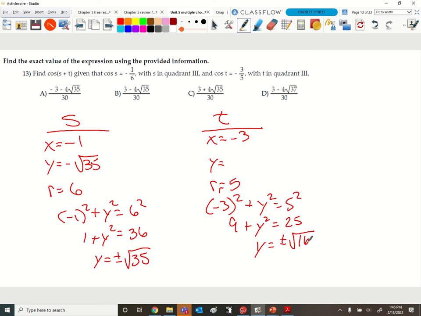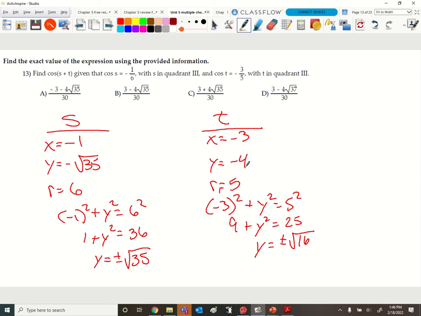It's negative, so that's a -4. Oh, I guess I could cross out because it says 37. That's kind of weird, right?